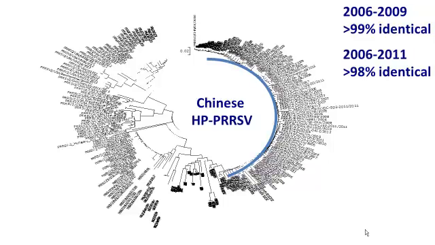This pattern of maintenance of a consistent, similar sequence over time also characterizes the high-path PRRS viruses in China.